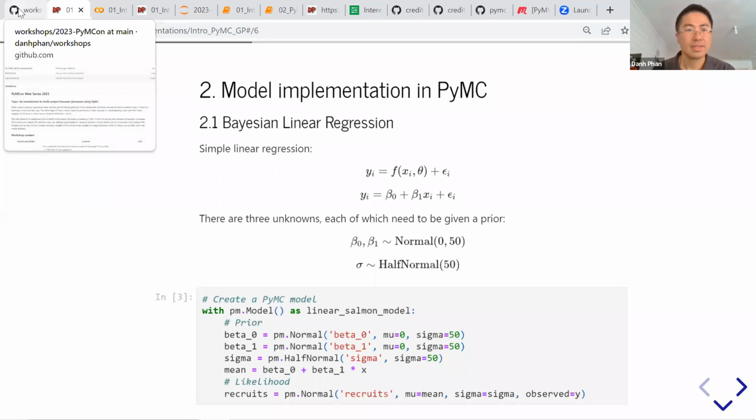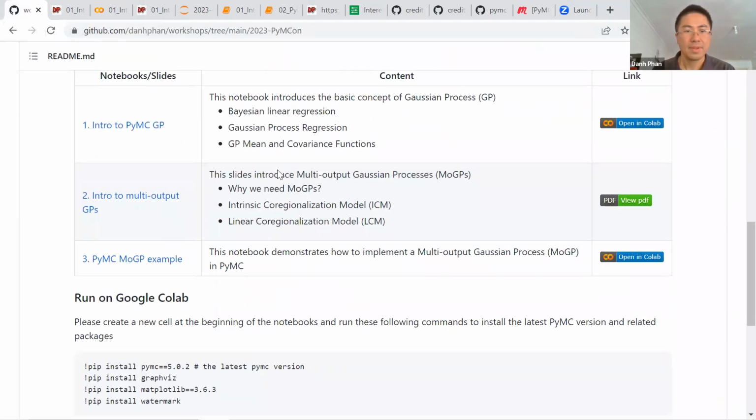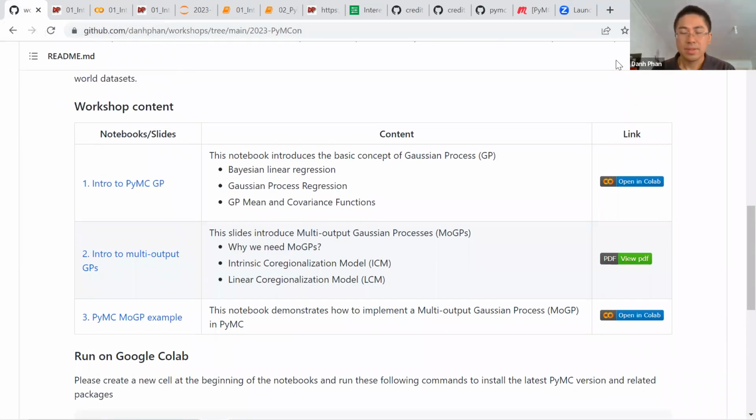Yes. So that is the first part of our talk, and in this part we talked a bit about the basic concepts of Gaussian processes, right? And now we will move to multi-output Gaussian processes. This one we consider a single output because we only have one data set.